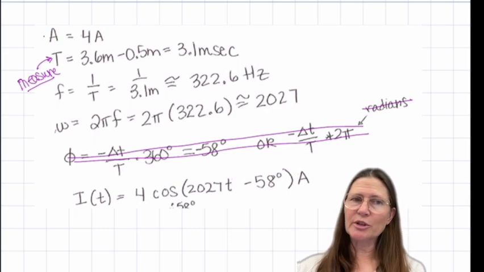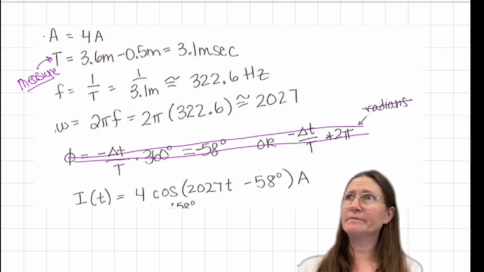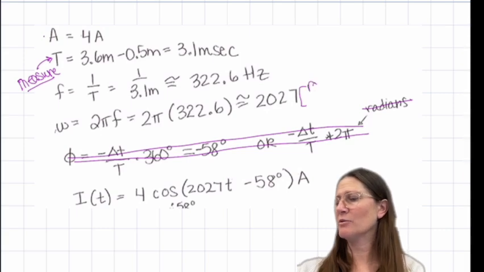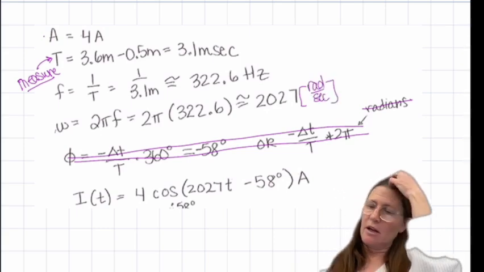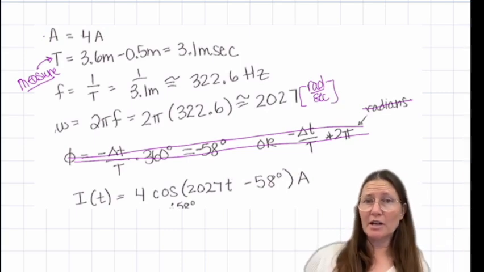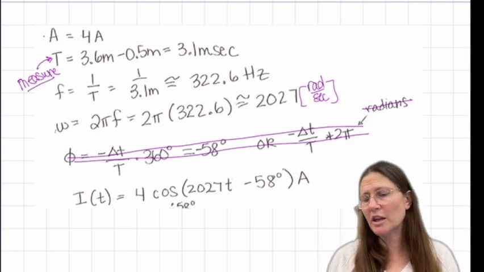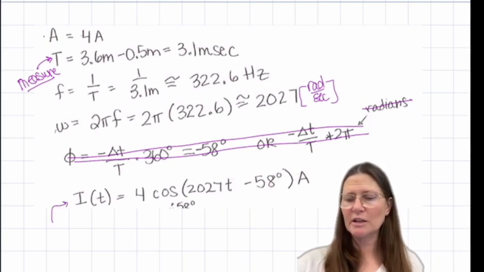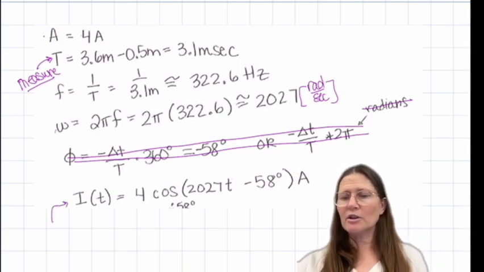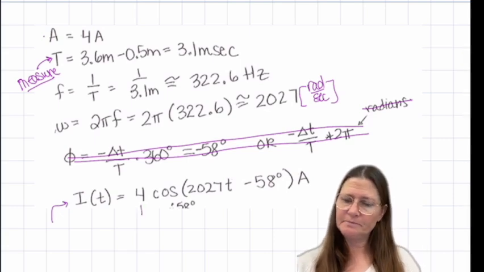And then what was the units for omega? Thanks. So radians per second. And you're just taking 2 pi times that. And then to put that in the form of the cosine, it's going to be your amplitude 4.